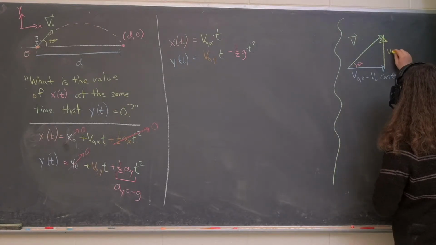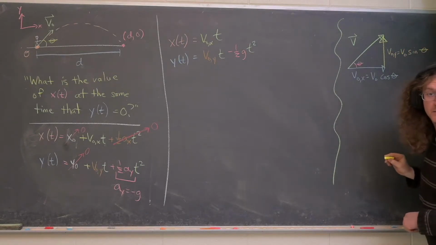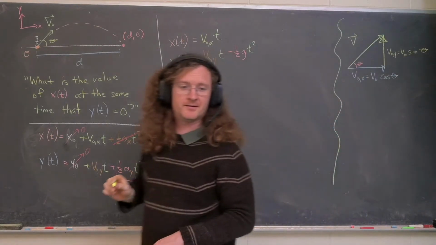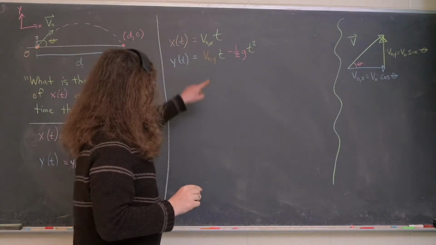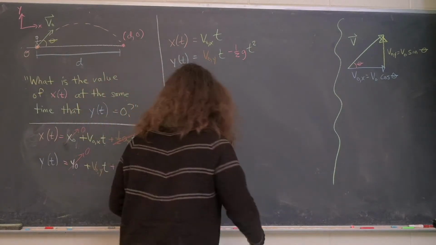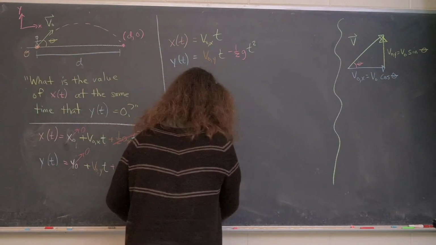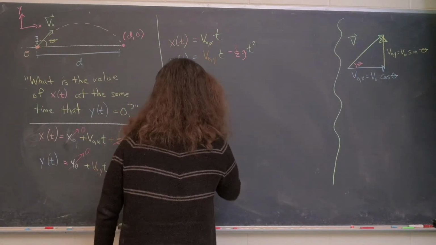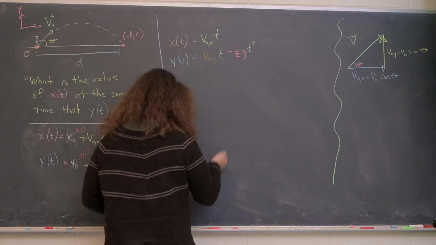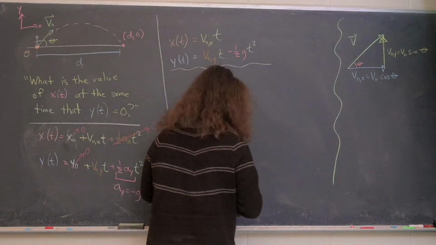So v naught y is v naught sine theta. That means I can put those in here. So let's do that. I've got plenty of blackboard, so we don't need to erase, we can write new lines.